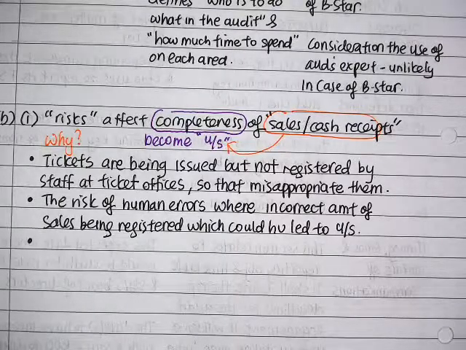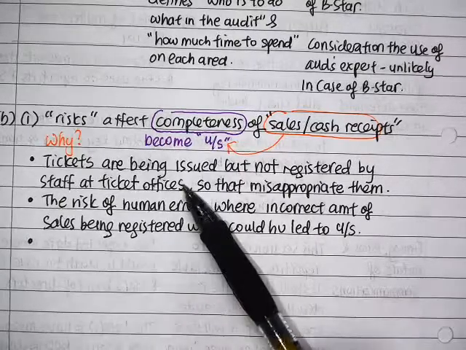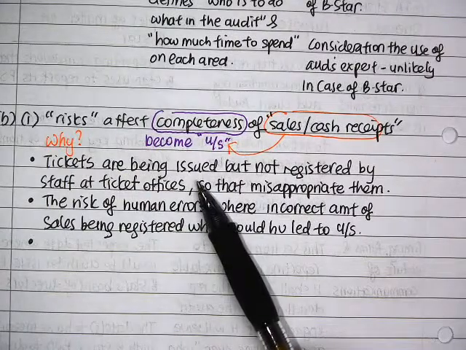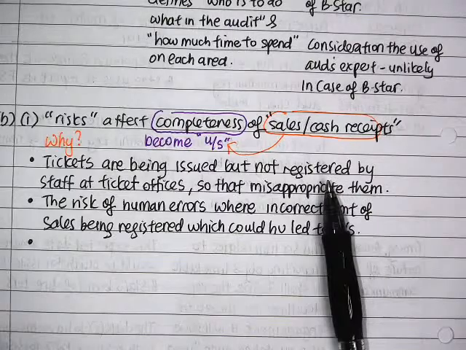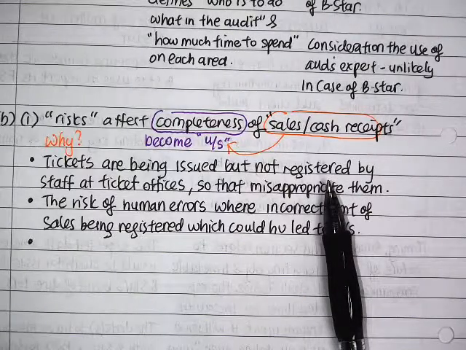Let's say you are in 7-Eleven. Okay, don't talk about theme park, talk about 7-Eleven. As a cashier in 7-Eleven, you can sell the goods, but you purposely don't want to register. So the customer gives you money, you just say 5 ringgit, you take the money, but you don't press the machine. So you take the money.